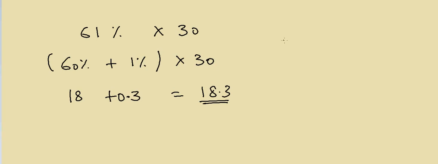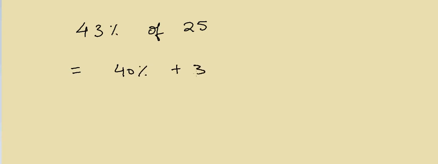Again, let me give you one more example. If I have 43% of, say, 25, how will I calculate that? In that case, I can say 40% plus 3% of 25.